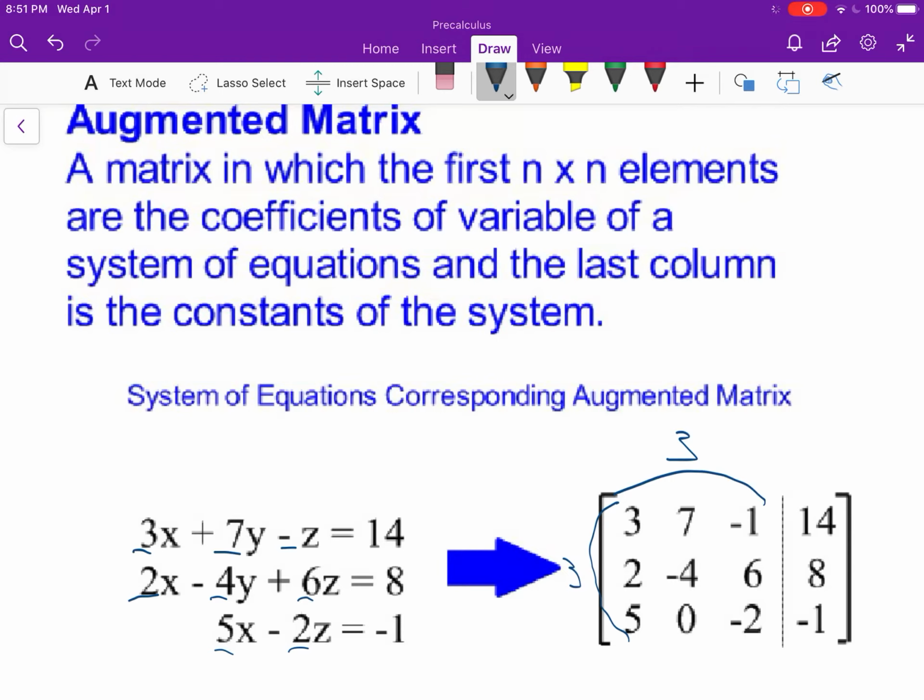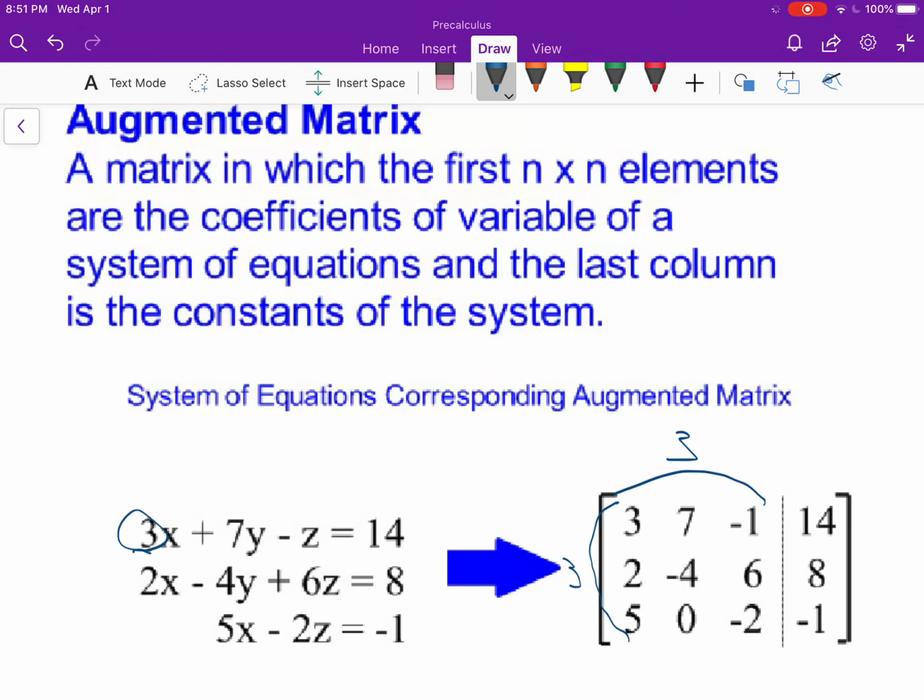Now, before you put it in an augmented matrix, you want to make sure you have all of your variables on the left side in the order that you want them, and then the constants on the right side. And you can see here that you have an augmented matrix for this system of equations.